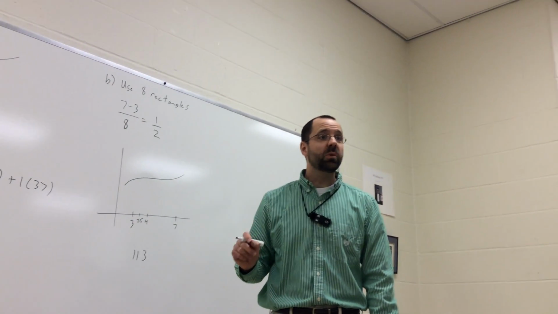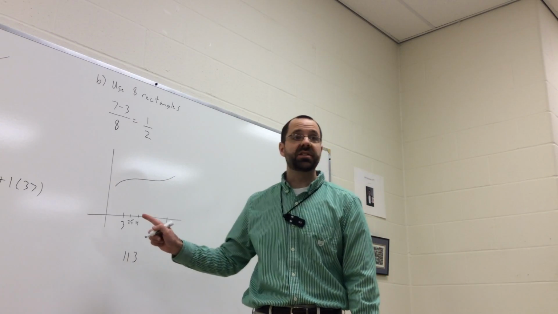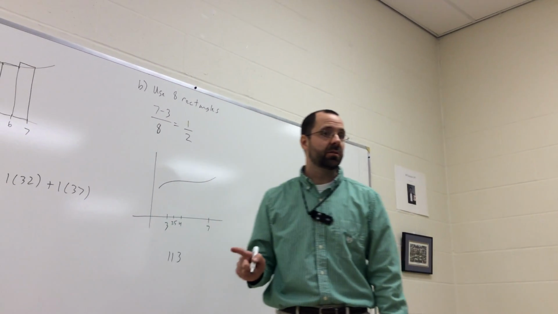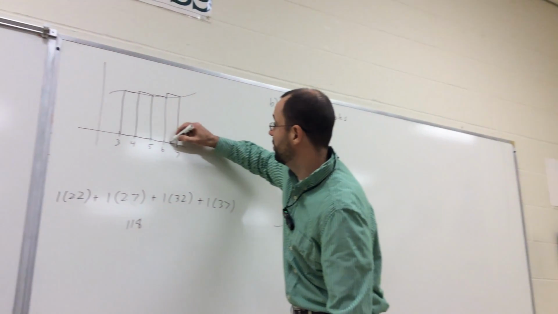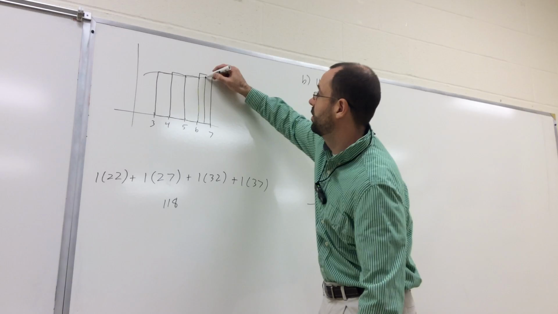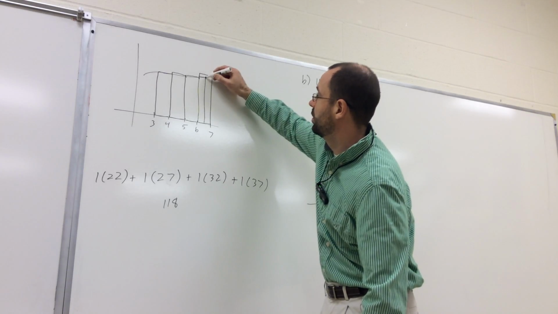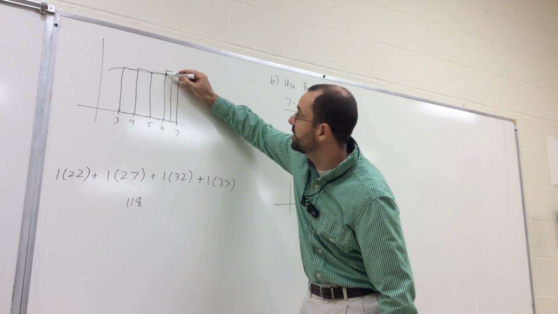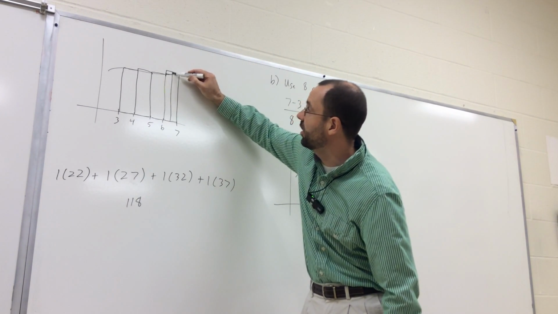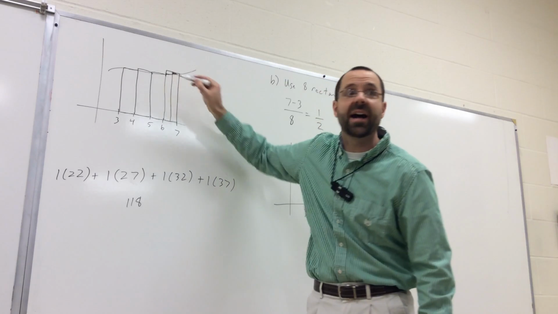Okay, now why would we want to do 8 rectangles instead of 4 rectangles? Because it's more accurate, right? If I divvy this up into 2 more rectangles, it's more accurate because there's less overlap. Now I just have this overlap and that overlap, whereas before I had that entire overlap, right?